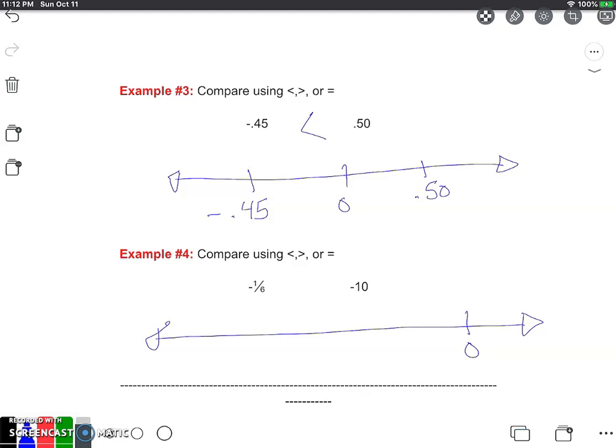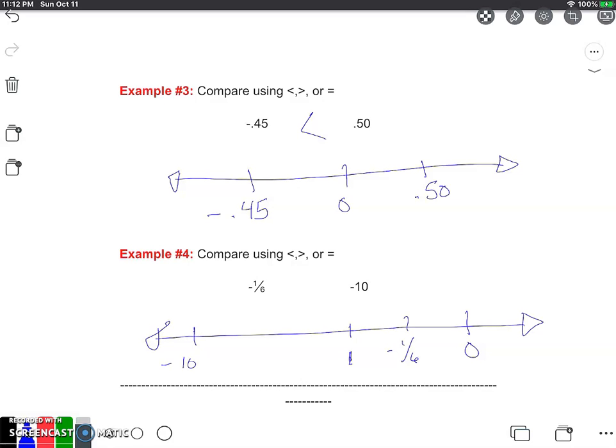I know that negative 1/6, if this is the whole number 1, will fall somewhere in between 0 and 1, because 1/6 is a fraction, which is just a part. It's not even a whole. If it was 1 and 1/6, then it would be behind the 1. But because it's just 1/6, it's not even a whole yet. Remember, a fraction is just a part. It's not a whole. And I know negative 10 is going to be somewhere back down here.